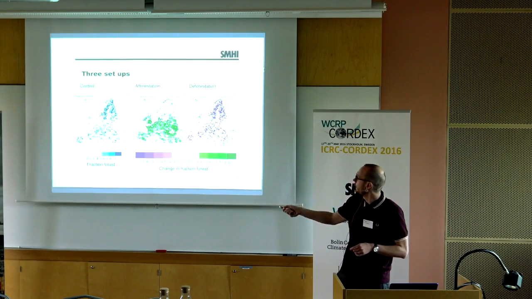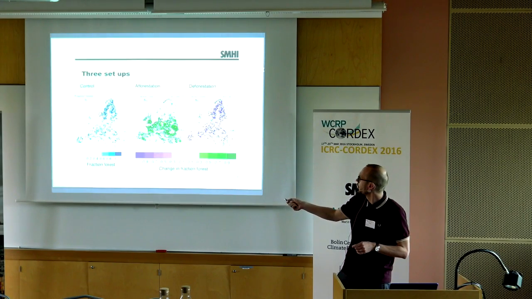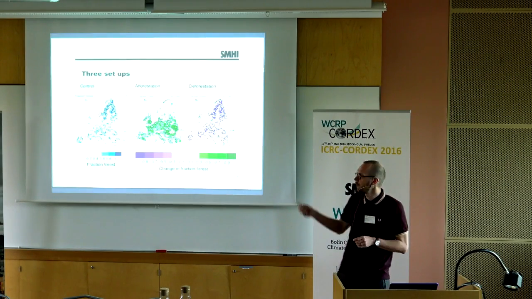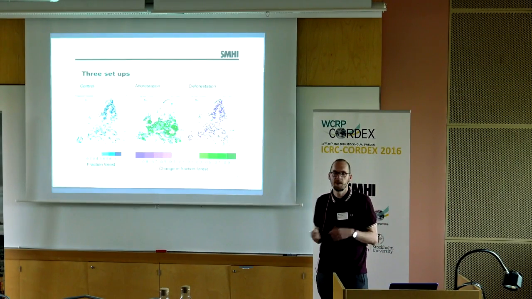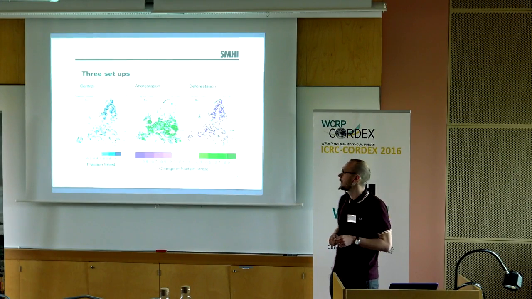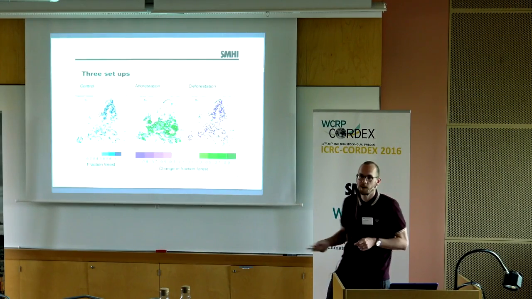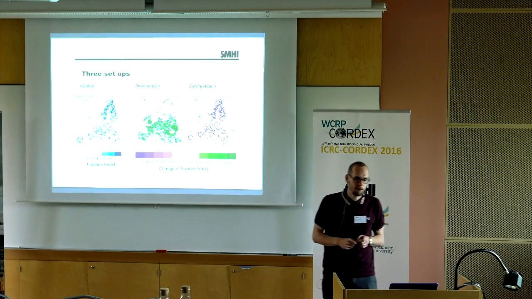So you can see that in the regions here with no forest, we have a change of 1. So we almost have forest everywhere. In some regions, vegetation is limited by moisture, for example, so we don't have a full forest cover, but almost.